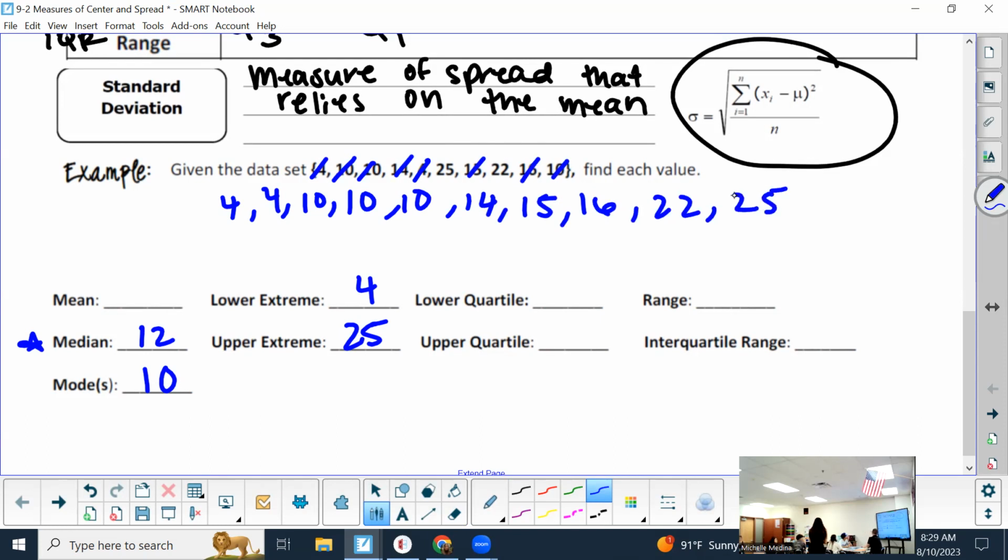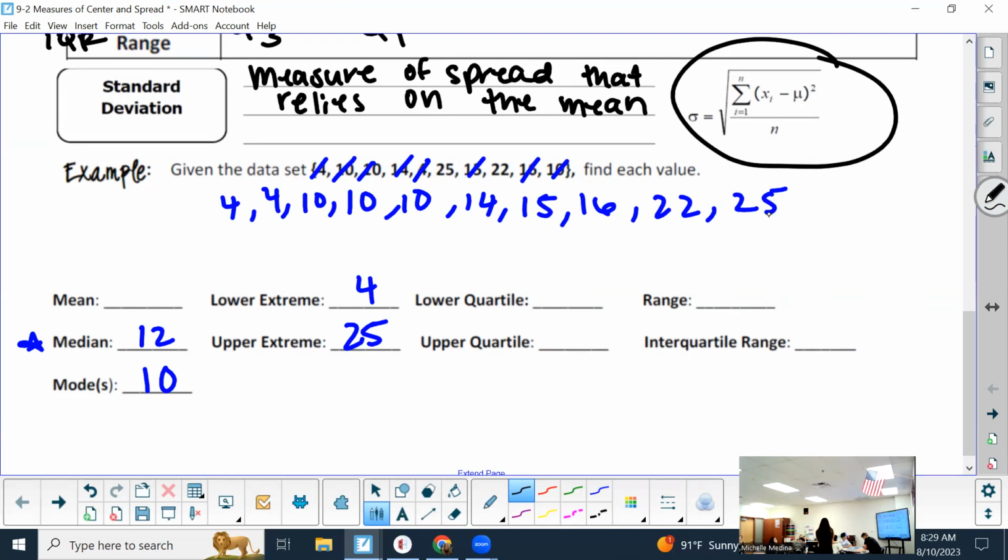And then you always kind of want to go back and make sure you have the same amount of data points in your list as here. So 1, 2, 3, 4, 5, 6, 7, 8, 9, 10. And then I have 5, 6, 7, 8, 9, 10. Okay, great.